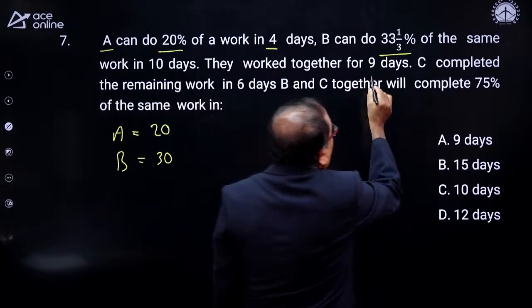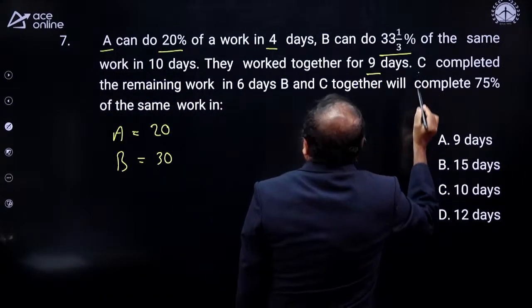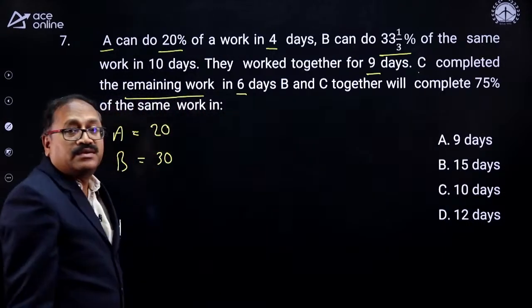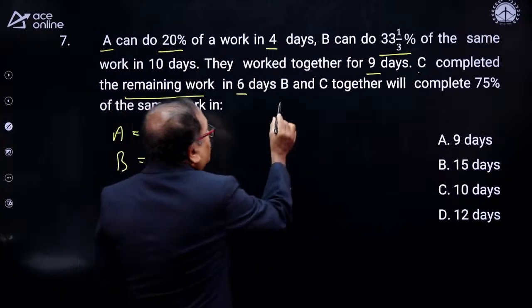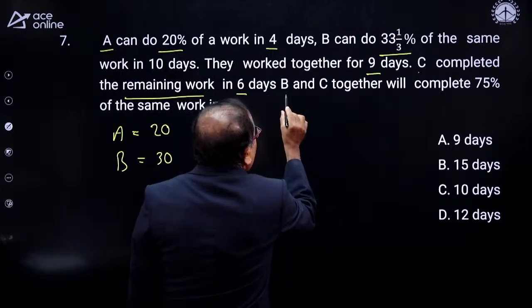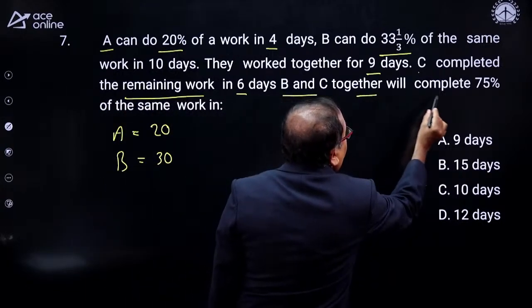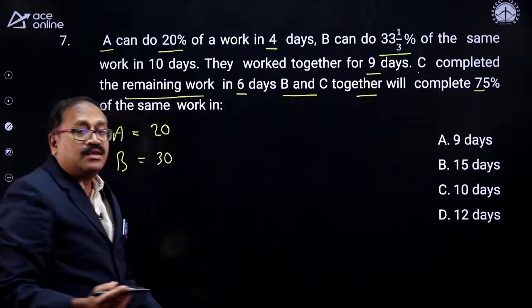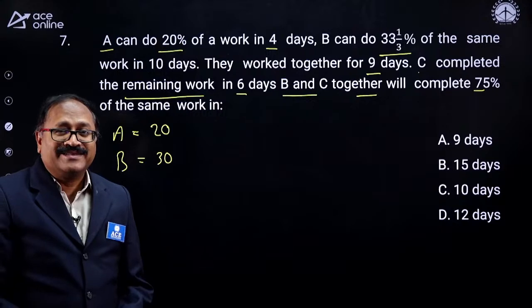They worked together for 9 days and C completed the remaining work in 6 days. Now, B and C together will complete 75% of the same work in how many days?